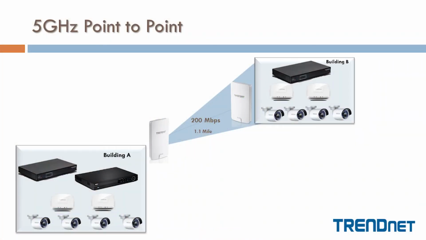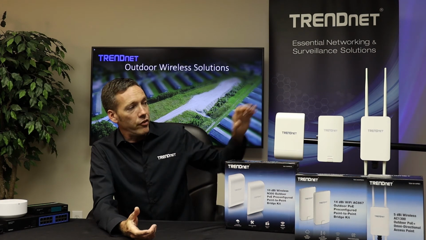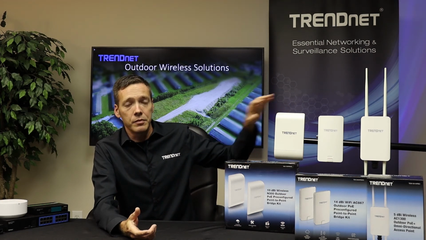A point-to-point is simply where we have 2 access points, or simply 2 points, that are connected together. A point-to-multipoint is where we have 1 access point that connects to multiple other access points. And we can help design your system for you. The directional units are available individually or as a kit.